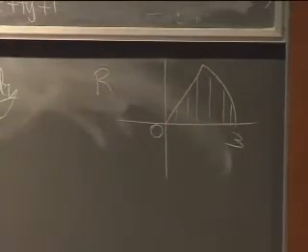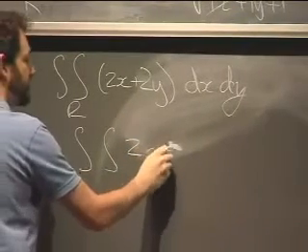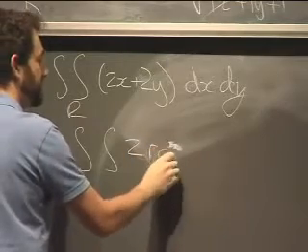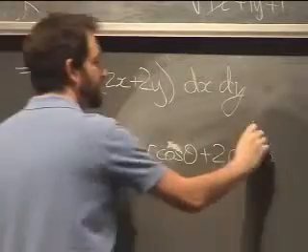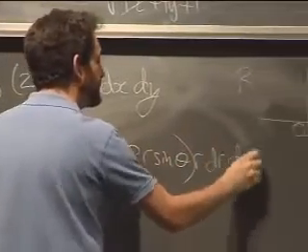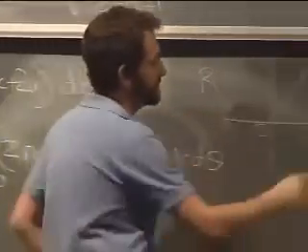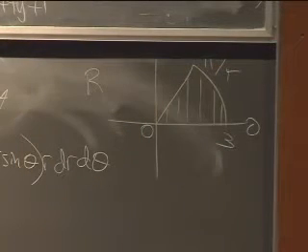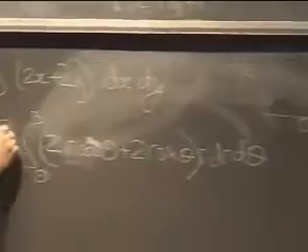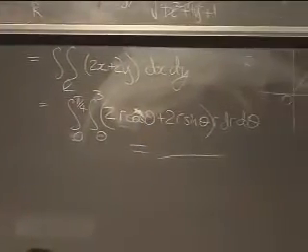So in polar coordinates, x is r cosine theta, and y is r sine theta. dx dy is r dr d theta. r goes from 0 to 3, and theta goes only from 0 to pi over 4. It's just the positive wedge, or half of the positive quadrant. And that's now a very simple integral, and I'm going to leave it for you. We've already done polar coordinates.